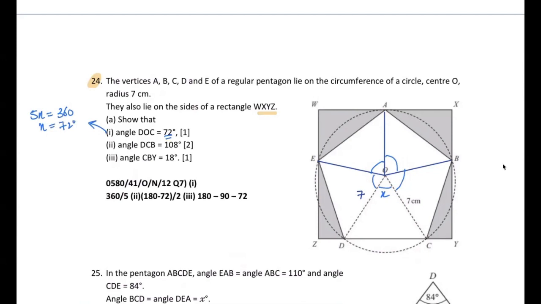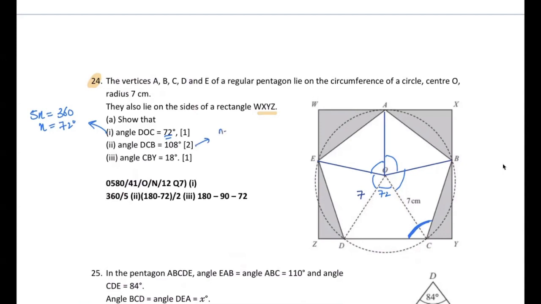Now, once this angle is 72, we need to show angle DCB is 108. Angle DCB is the interior angle of a regular polygon. And how do we find the interior angle of a regular polygon?